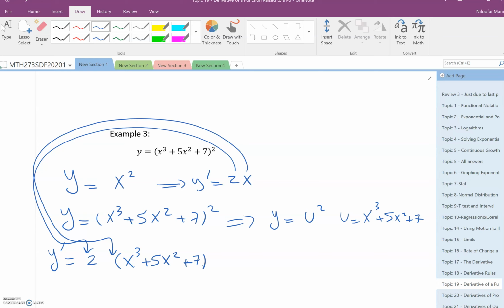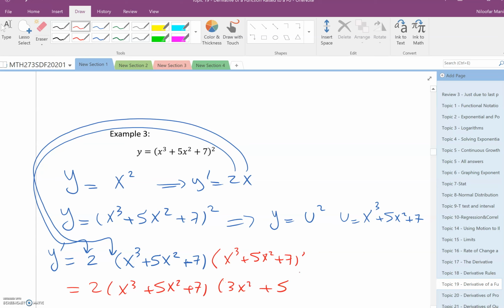So I do 2x, instead of x I put u. Because I did that, now I have to multiply by u prime. Which is 3x squared plus 5, which is 10x plus 0, because the derivative of 7 is 0.